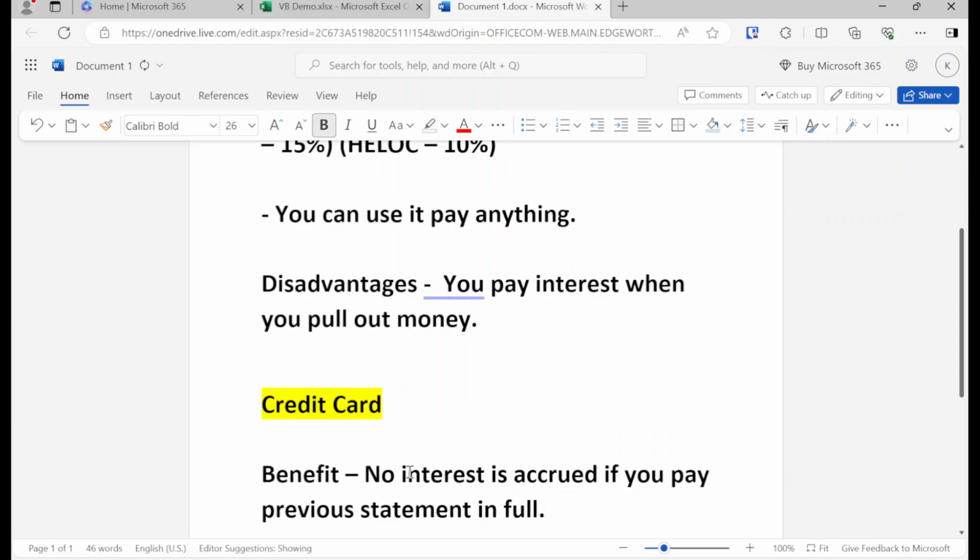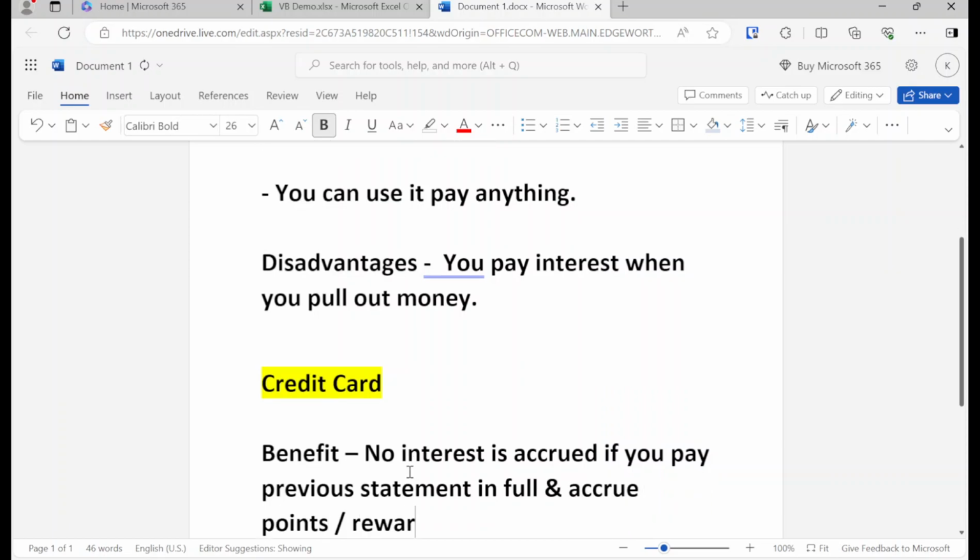So again, check the terms and conditions of your credit card company, but I've never really encountered a credit card company where, if you pay it off in full every single month, you accrue interest. And the next benefit is that you can accrue points and rewards, right? And if you don't accrue interest because it's paid off in full, you can pretty much delay the interest on what you would normally pay on a line of credit.